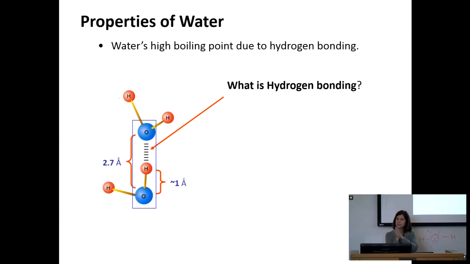Liquid, they can roll past each other. And gas, they don't even see each other. So going from solid, you have all the intermolecular forces that you can have put together. They're just stationary. They might vibrate in place, but they're stationary. Liquid, you have to break some because they're rolling past. In gas, you have to break all of them. So because of that hydrogen bonding, that's an additional intermolecular force, you're going to see that it requires more energy to melt and boil.